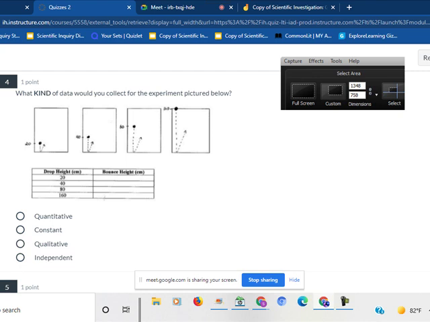Would it be numbers or observations? Quantitative? Yeah. What would be filled in? What's that column called? The heading? Bounce height? Right. And are those going to be numbers? Yes. So you know that is quantitative. Okay. Thanks.